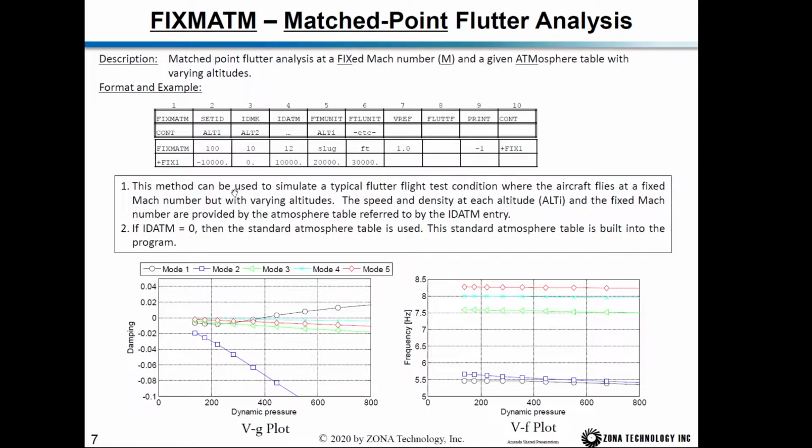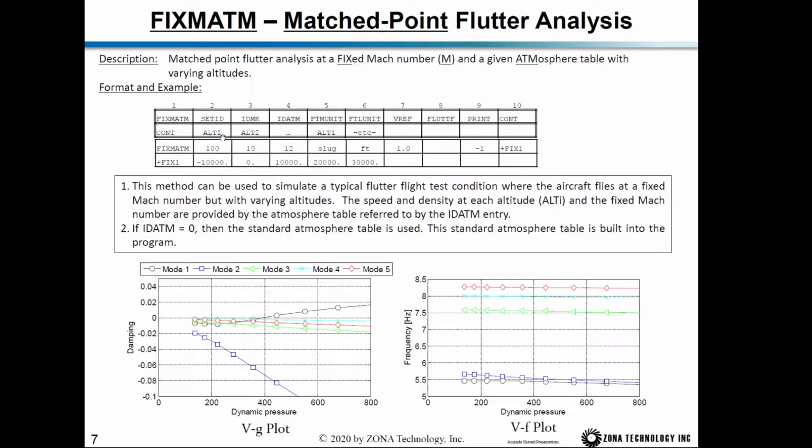This method can be used to simulate a typical Flutter flight test condition where the aircraft flies at a fixed Mach number but with varying altitude. Because it has a built-in atmosphere table in this card.